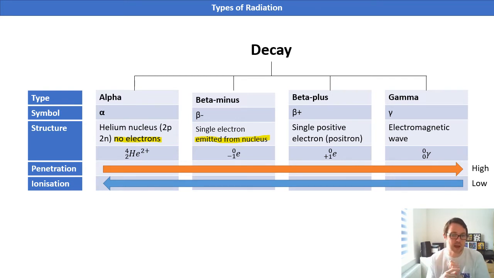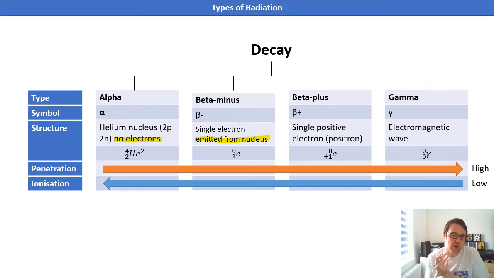And when we write down beta minus in its symbol form, we've got a 0 mass, because remember electrons have very, very little mass, 1/1800th of a proton or a neutron, but -1 because it's a -1 charge. So beta minus has a medium penetration and a medium level of ionization. We call it medium because it's in the middle of alpha and gamma, and we'll talk about gamma in a moment.